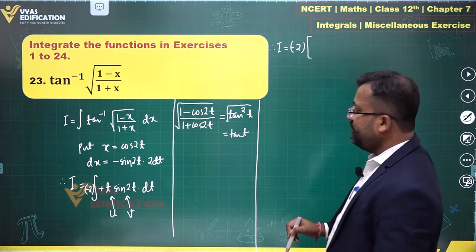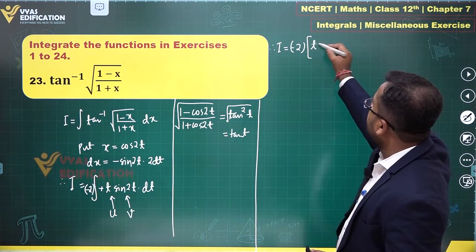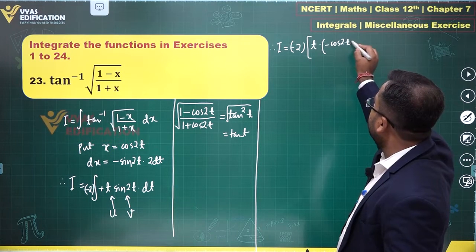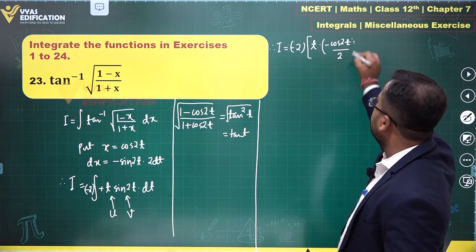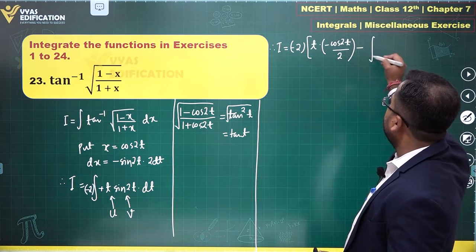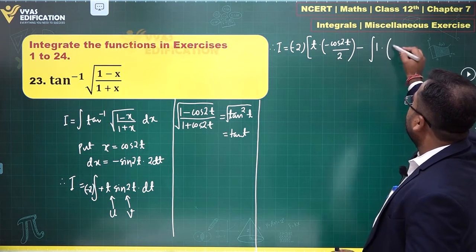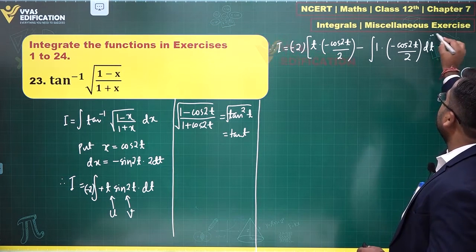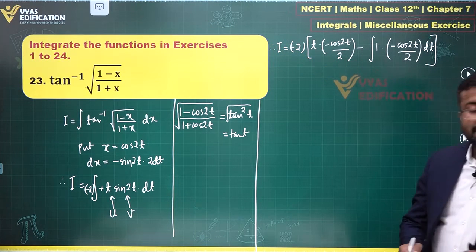In the bracket you have first function times integral of sine 2t, minus cos 2t upon 2, minus integral of derivative of t is 1, minus cos 2t upon 2 dt is what you get in the bracket. This is what you get.